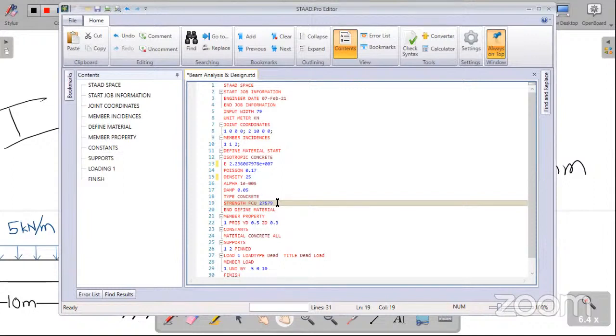But here the values are in kilonewton per meter square, so I need to divide 20 by 1000, that will be kilonewton, and multiply by 1000 square. So that's 20,000. So 20,000 kilonewton per meter square is the FCK or FCU. Now that's done. You just click on save and click on close.